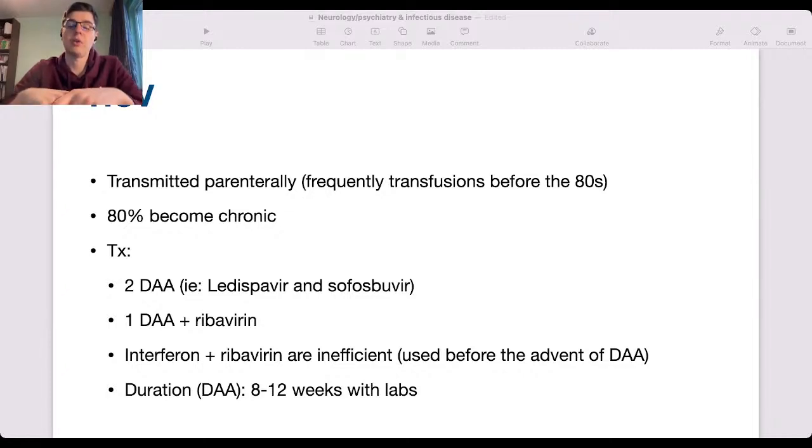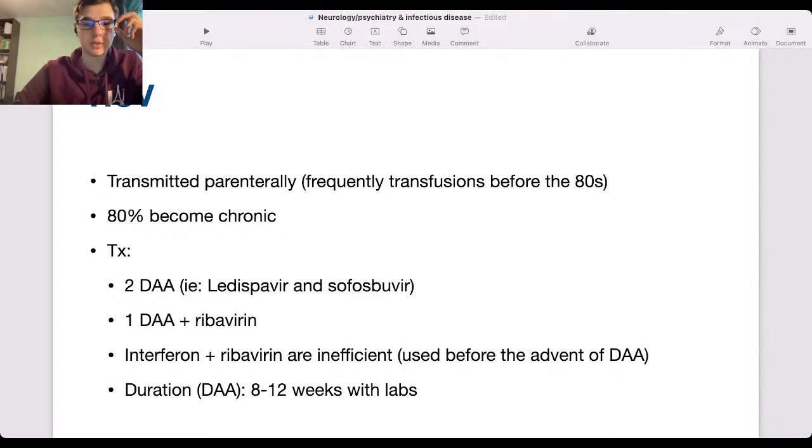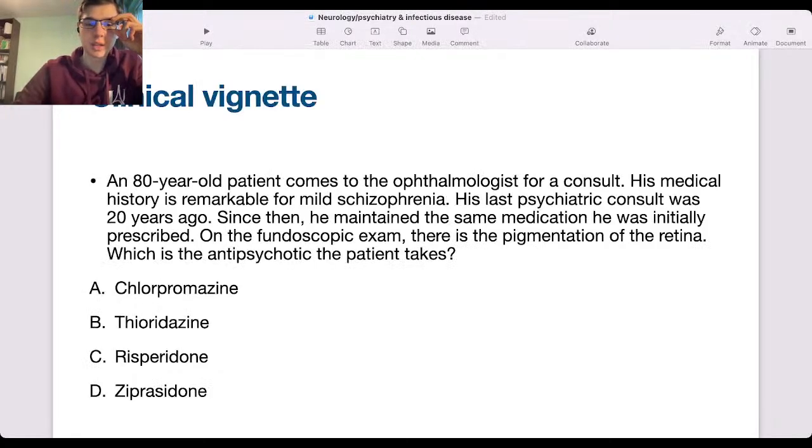No questions. Okay, then let's go to the last one of this session. So we have an 18-year-old that comes to the ophthalmologist for a consult. His medical history is remarkable for mild schizophrenia. His last psychiatric consult, however, was 20 years ago. Since then, he maintained the same medication he was initially prescribed. On the fundoscopic exam, there is pigmentation of the retina. Which is the antipsychotic the patient takes?